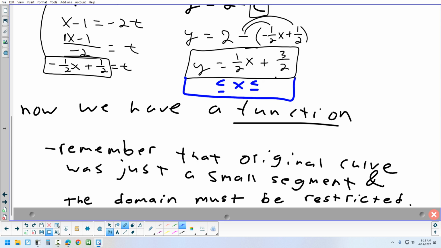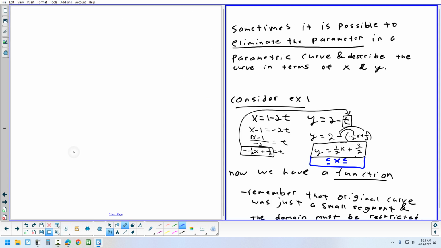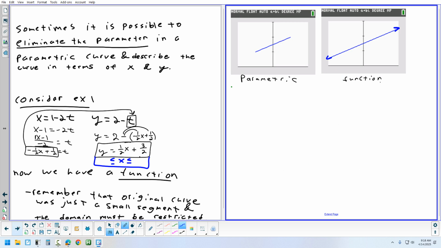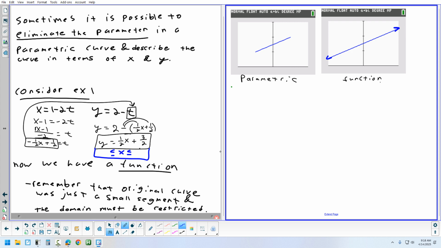So we're going to add that onto the bottom. Let's look back at our start point and end point for the line segment. The farthest left that it went was -1, and the farthest right that it went was +1. When you're doing a line segment, your start and your end point will tell you your domain.